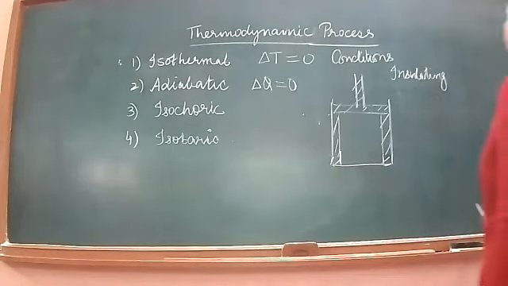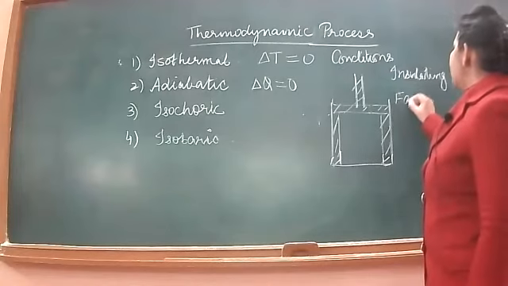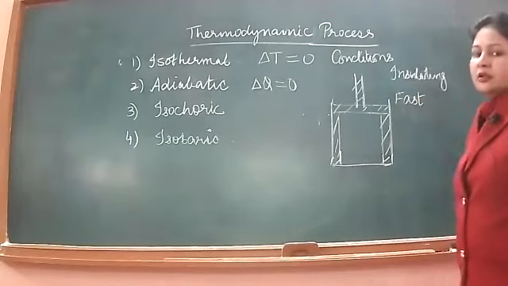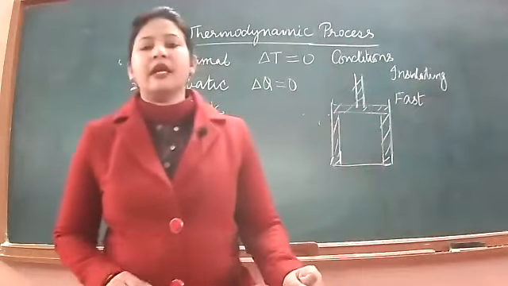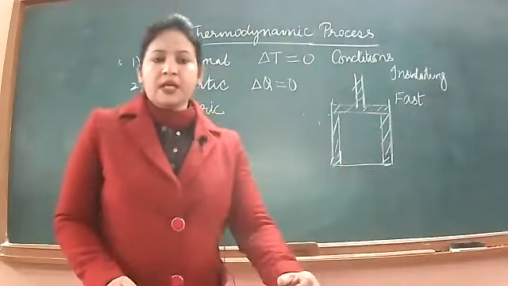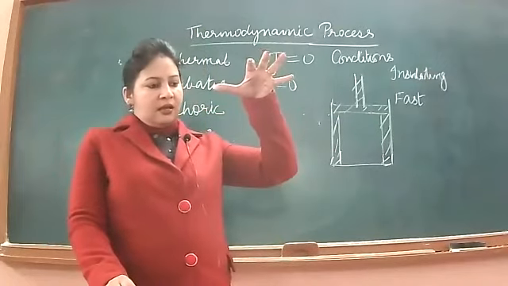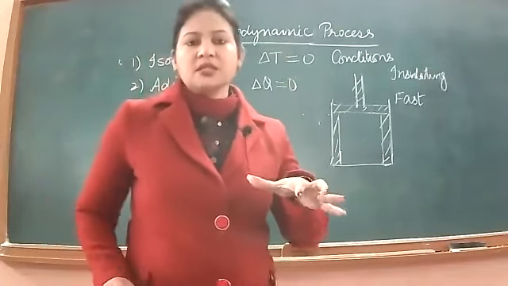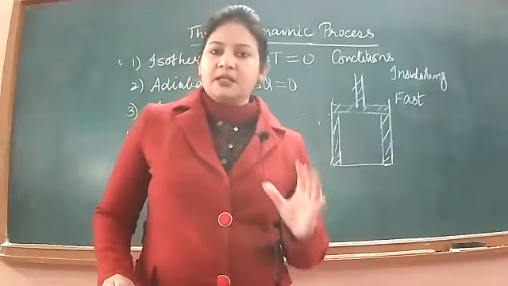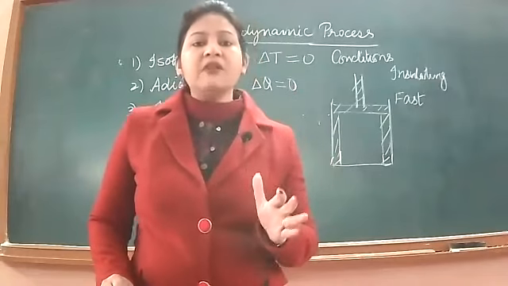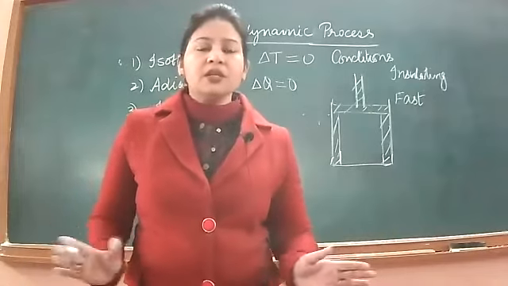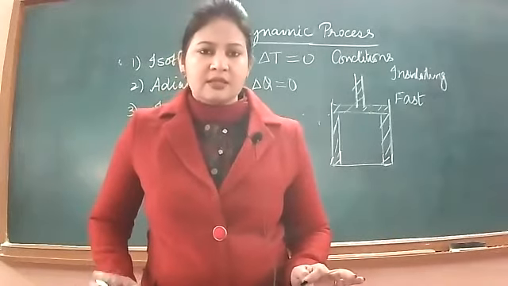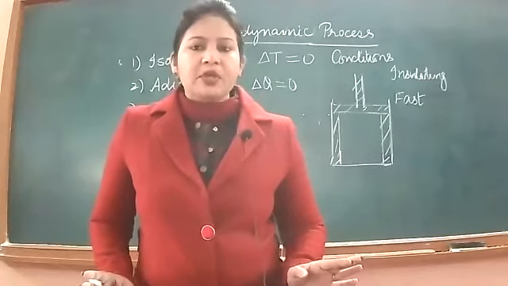The second condition is that the processes of expansion and compression must be carried out very fast. When we press the piston downwards, the gas is compressed and its temperature rises, and we should do it very fast so that there is no time for heat exchange. We don't want the heat to escape in this case, and we don't want the temperature to be constant.